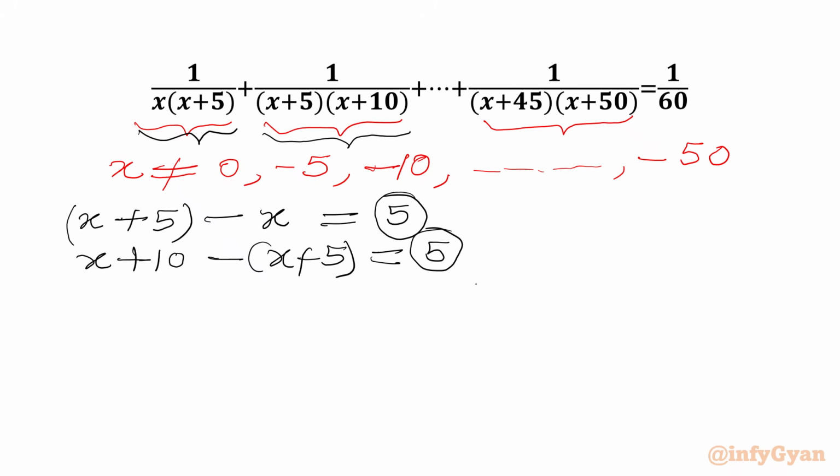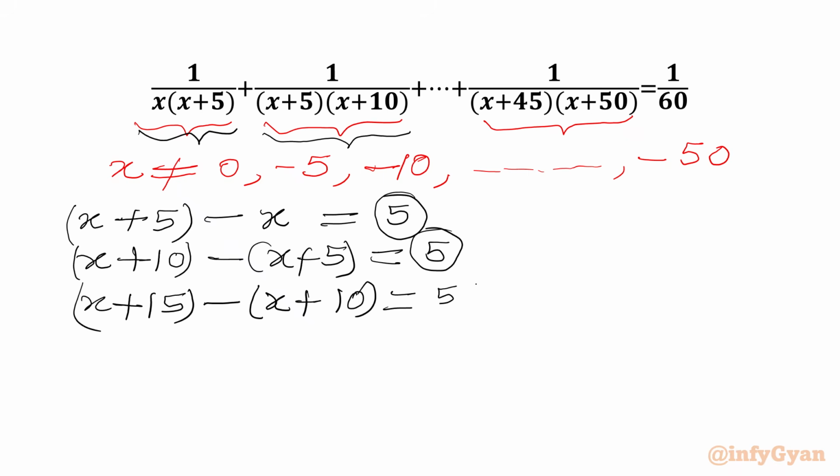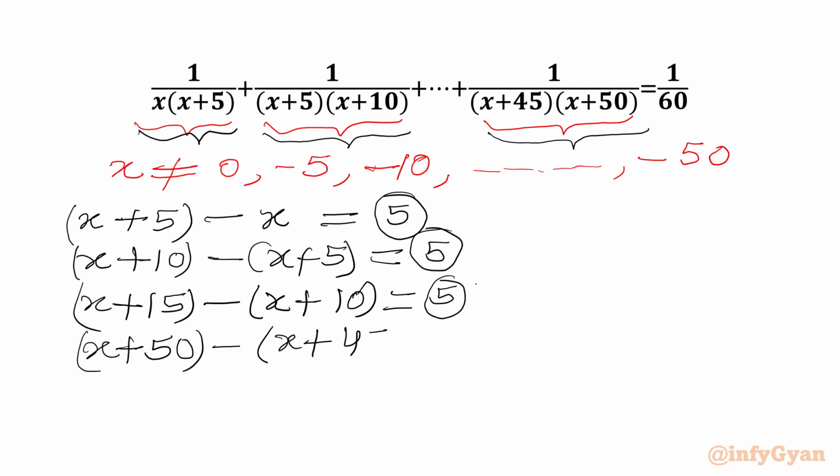We are getting 5 once again. Now if I find x plus 15 minus x plus 10, again we are going to get 5. And for the last bracket, if I find x plus 50 minus x plus 45, we are going to get 5 once again. So we have to multiply our equation by 5.